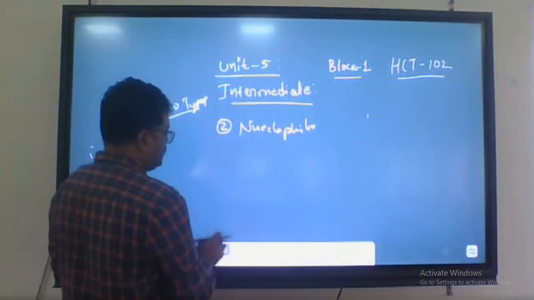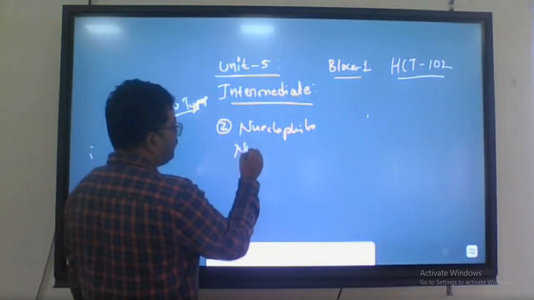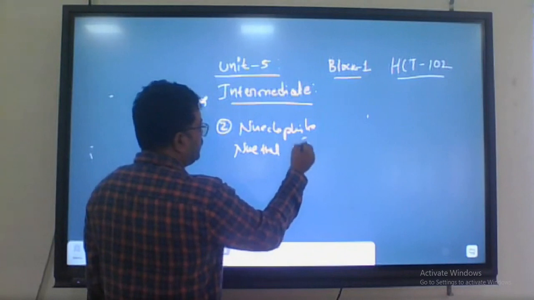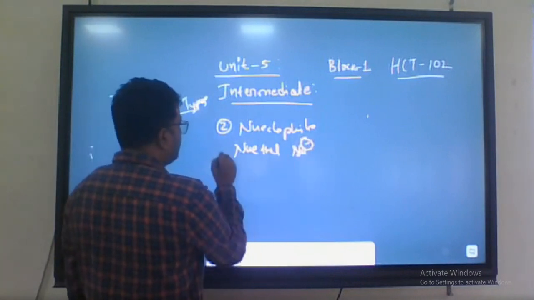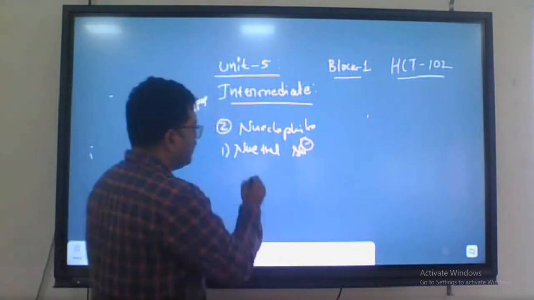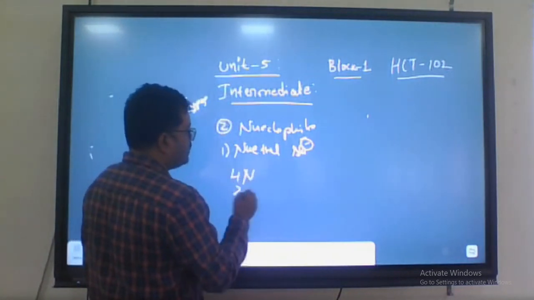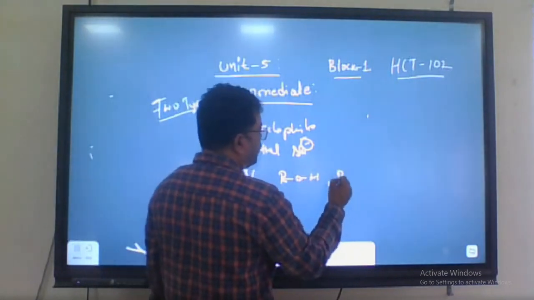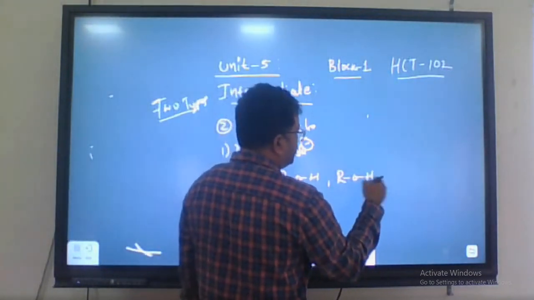One is the neutral nucleophile. It has a lone pair, for example amine, alcohol, ether. These all have lone pairs, and they easily donate electrons.